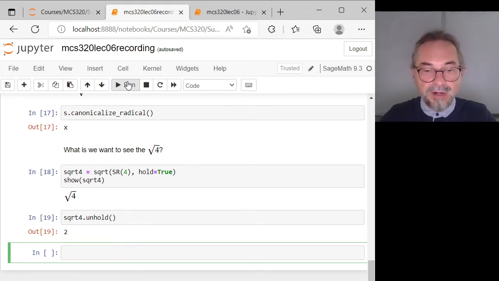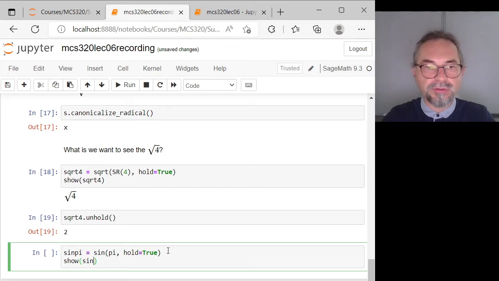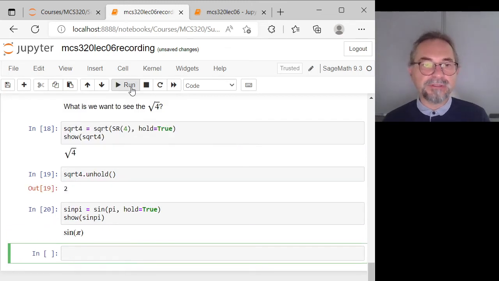Coming back to our original sine of pi, I can do the same with pi. I don't have to cast pi into a symbolic ring, so I can just say hold equals true, and I can then show the sine of pi. This shows the symbolic expression.